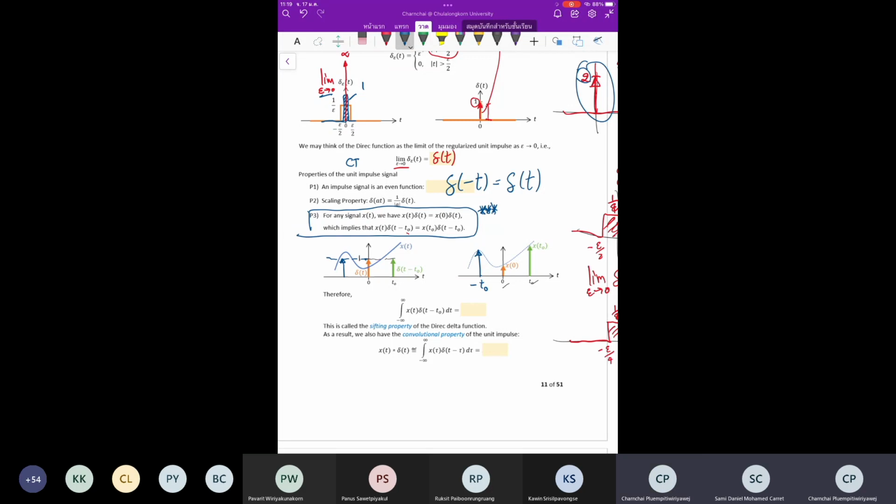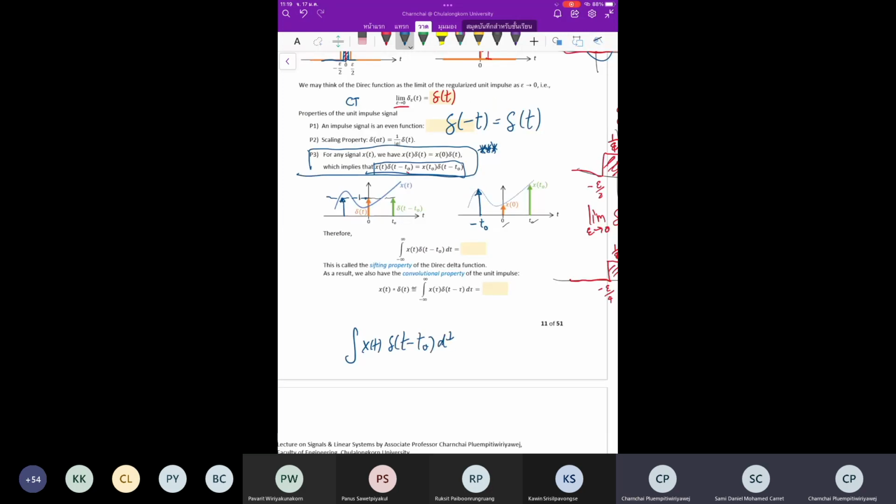Next, we can use this property to integrate. What happens if we integrate these functions? Remember here, if we want to integrate x(t) delta(t minus t naught) dt from negative infinity to infinity, well, of course, we learned that this integral becomes just the integral from negative infinity of what is inside.